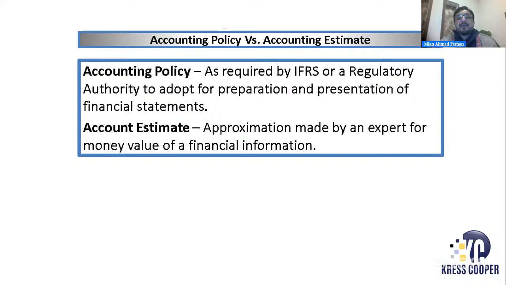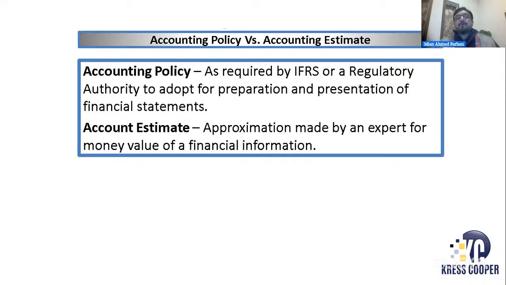Here the regulator or the standard is asking for an accounting treatment, whereas the accounting estimate is the approximation of the monetary value that we give to an accounting treatment.